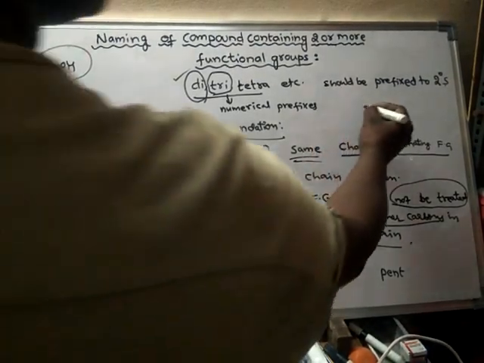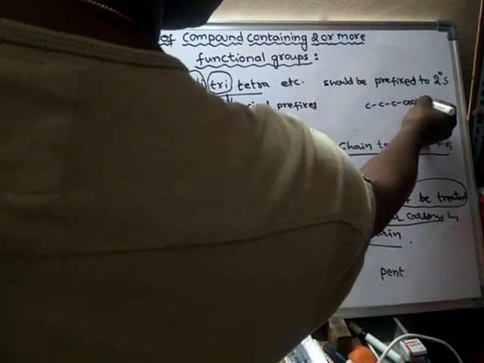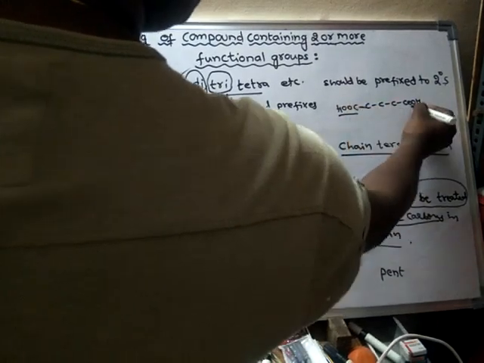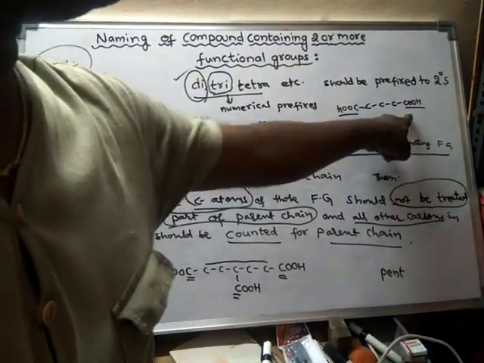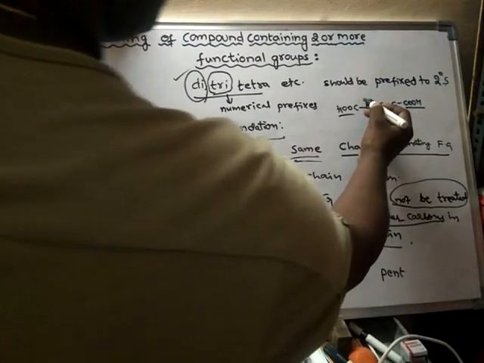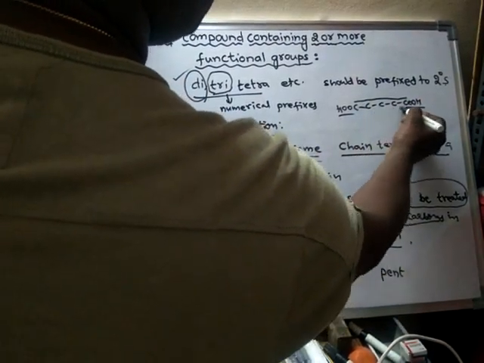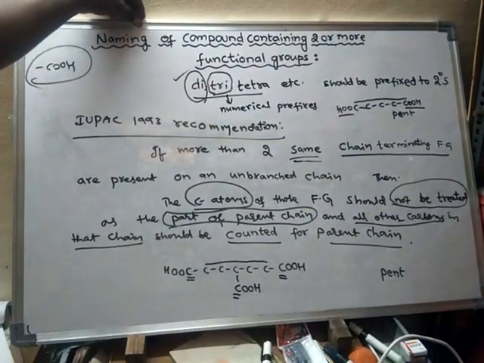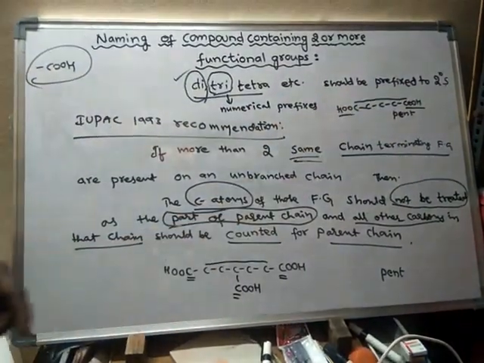For example, if it is like this, here only two same functional groups are present, then these carbons become part of the parent chain. Now the name is pent because only two same chain terminating functional groups are there.